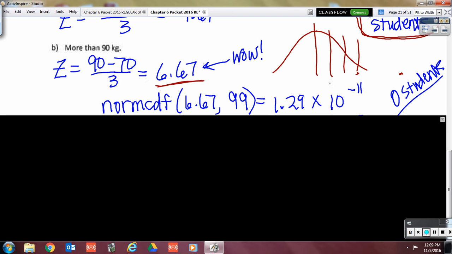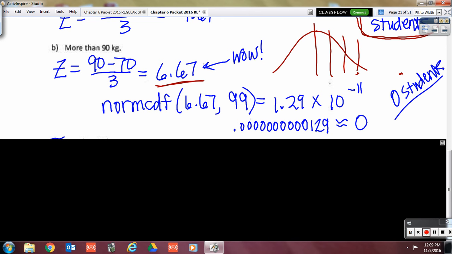Now, when you norm CDF this in your calculator, you would have gotten a scientific notation problem where it was 1.29 times 10 to the negative 11th. And if you put that in a decimal, it would have looked like this: all of those zeros, 10 zeros, and then a 129, that's about 0. So essentially, 0 students weigh more than 90 kilograms.